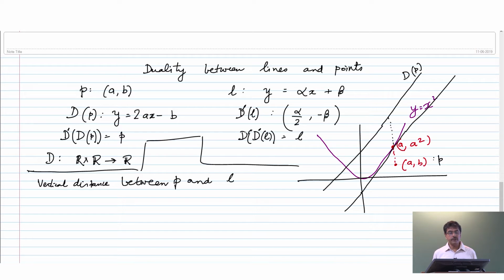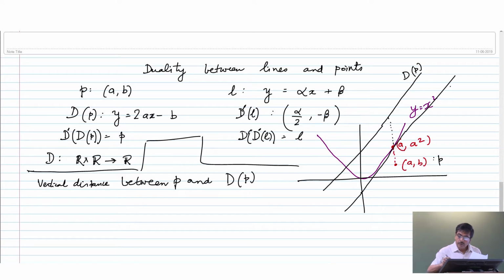So let's look at the vertical distance between point P and point D of P. So the equation of the tangent is what?